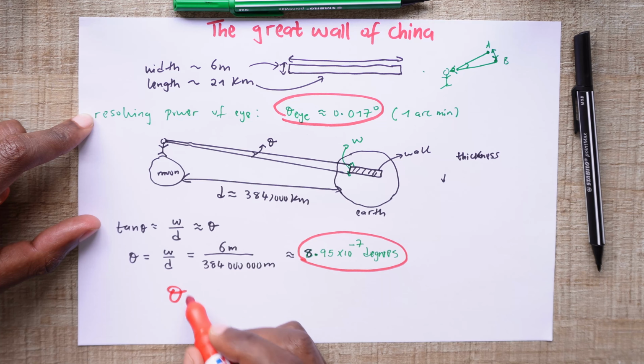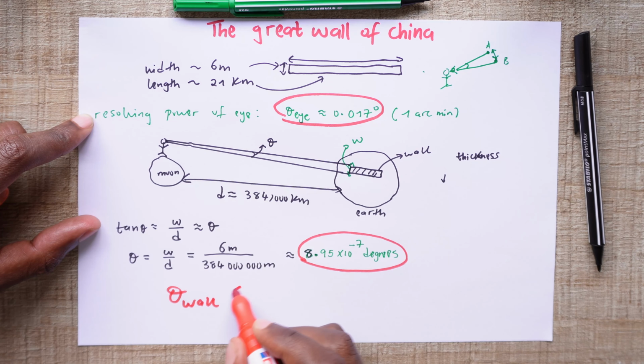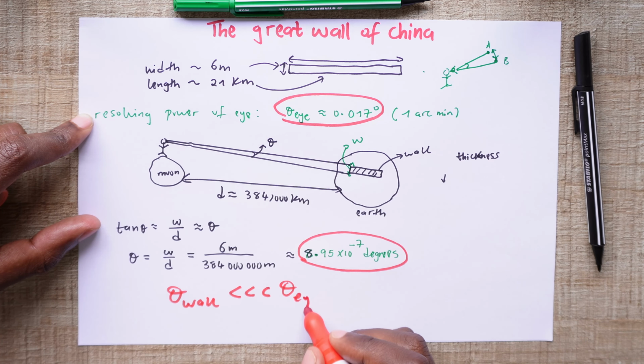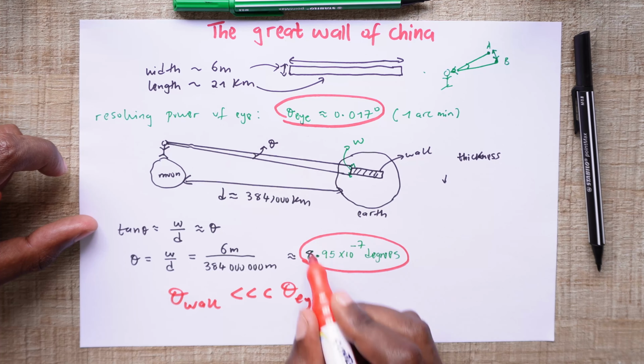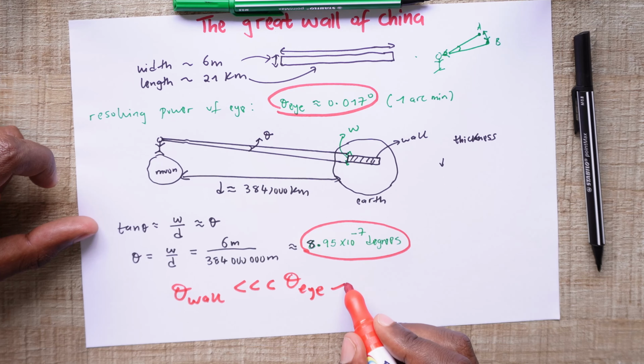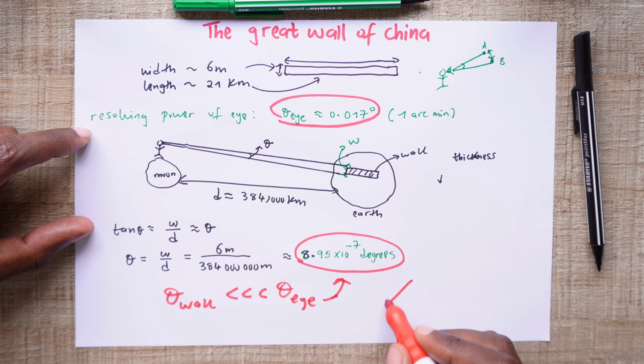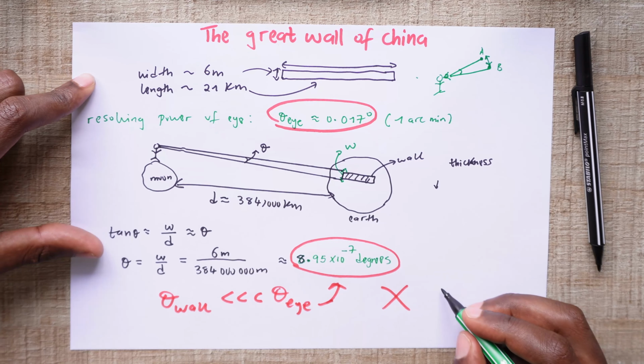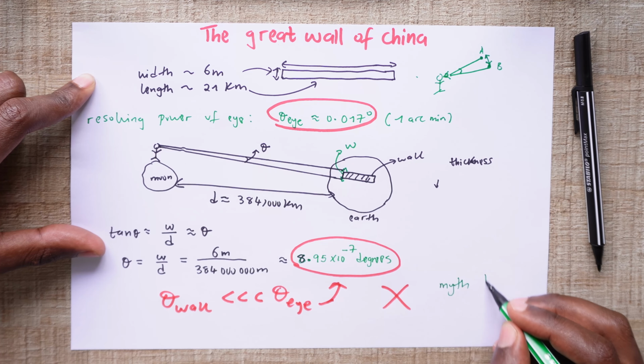So theta of the wall is much smaller than theta of the eye. So the eye, in other words, won't be able to resolve this. It's impossible. So myth debunked.